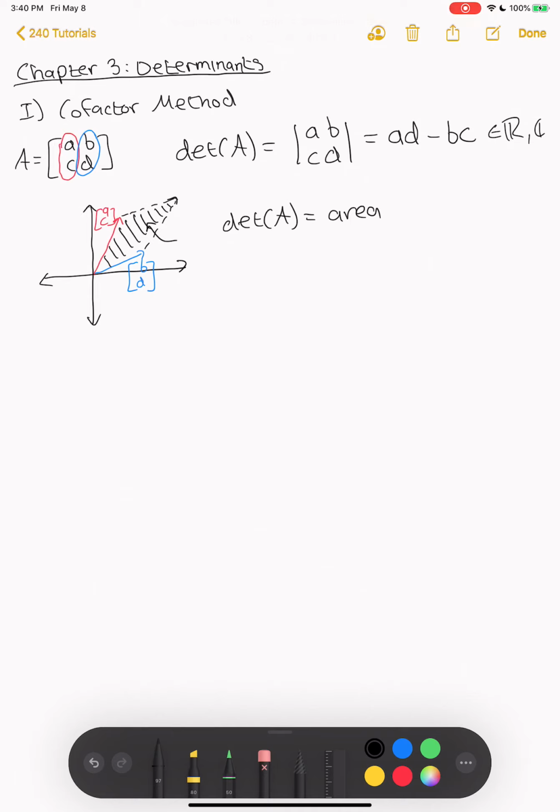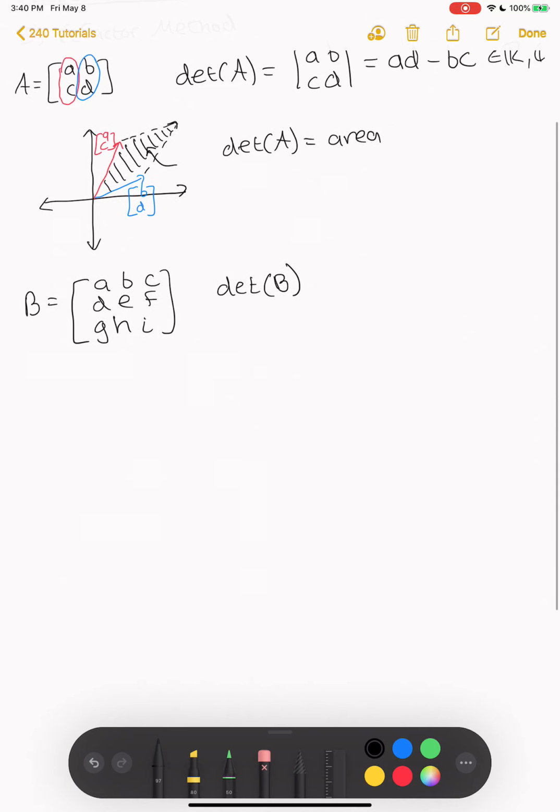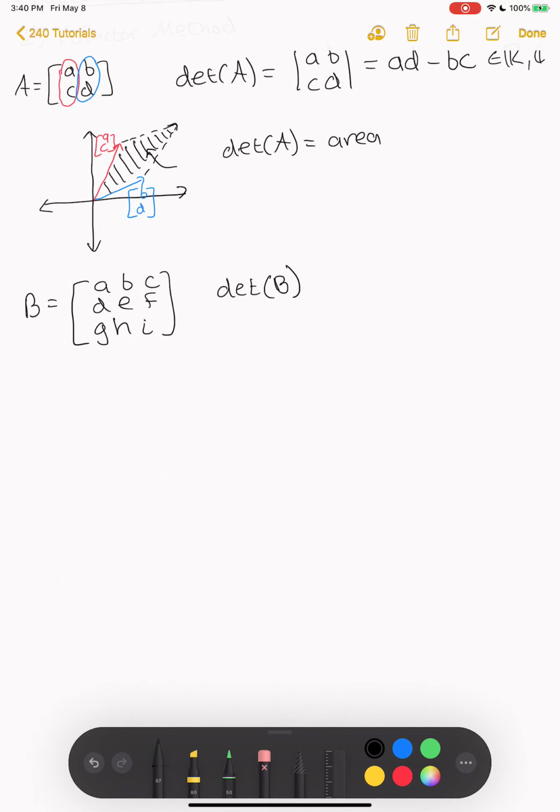And if we have a 3x3 case, which is what you see most often on exams, the same thing generalizes. We can take the determinant of a 3x3 the same way. But what we do is we break it up into smaller 2x2s. You can actually do it with any row you want, but I've gotten used to doing just the first row.